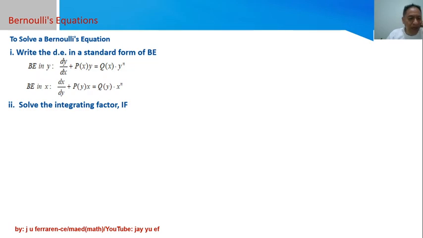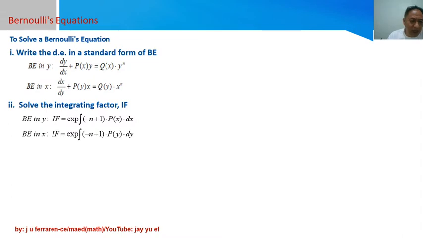The integrating factor for Bernoulli in y can be this one: IF is equal to the exponential of the integral of minus n plus 1 times P of x dx. And if it's Bernoulli in x, we also have a formula for our IF. Then last is to find the solution, obtaining the general solution.